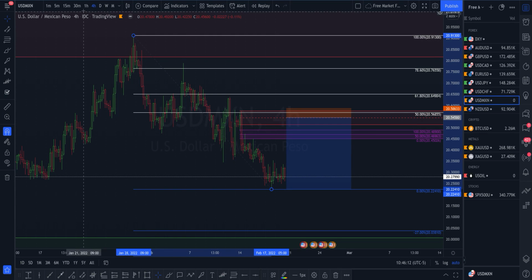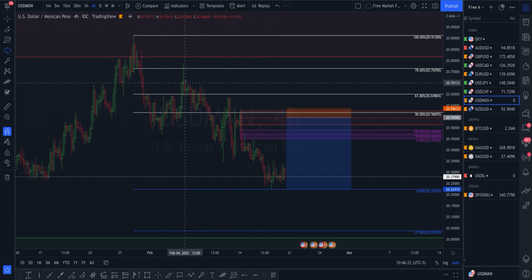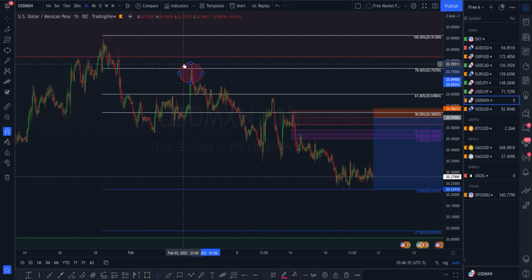Now, if we drop down to the lower time frame, let me see if I can grab this wick. We're going to see that this is possibly some zones.